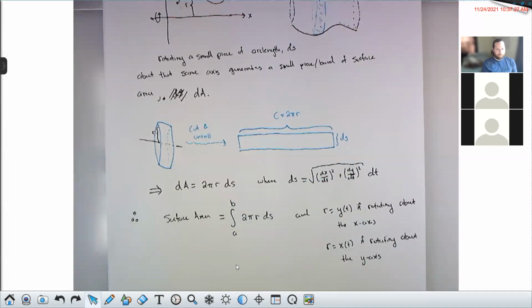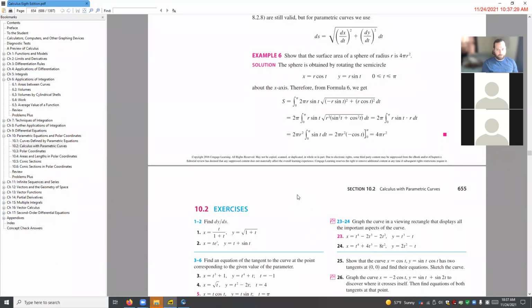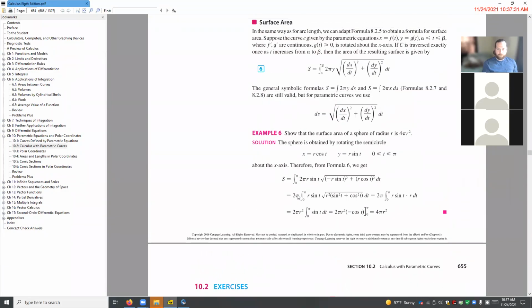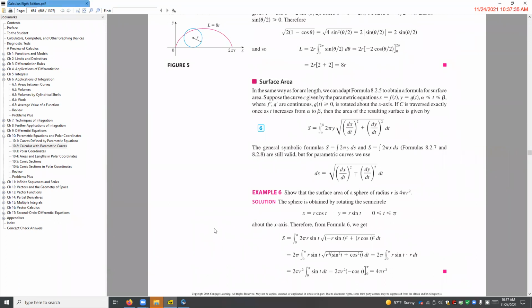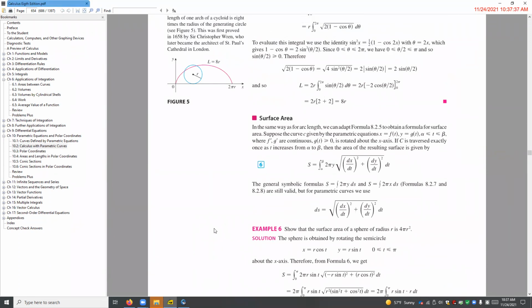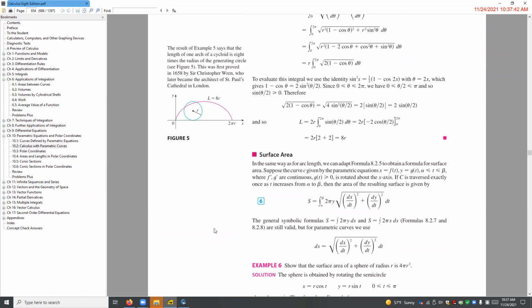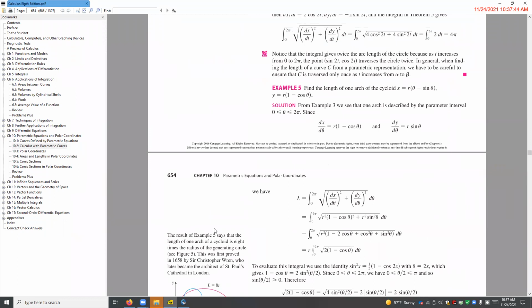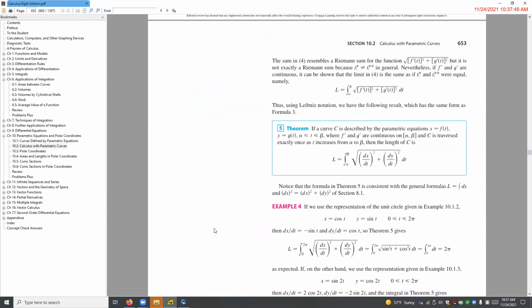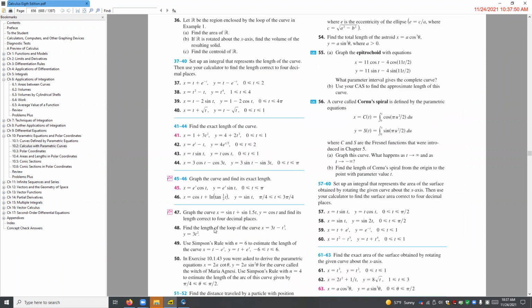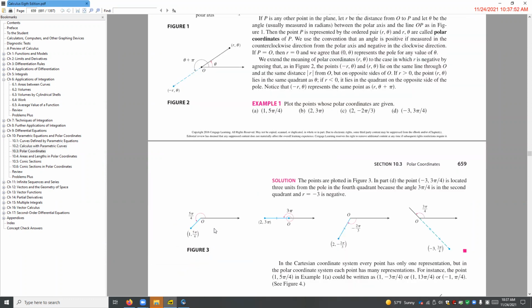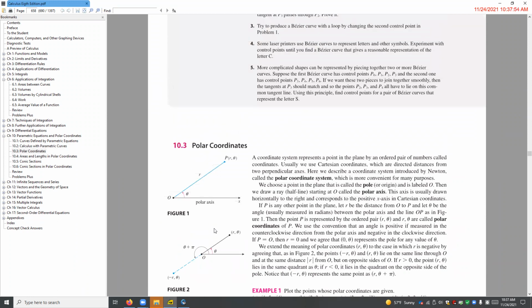Your book does provide other formulas. Let me see where they do it. It's in here somewhere. I felt like they did. Maybe they don't.